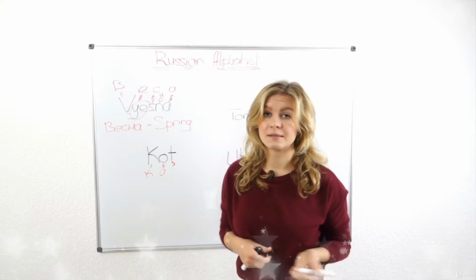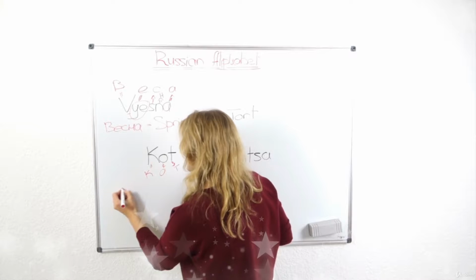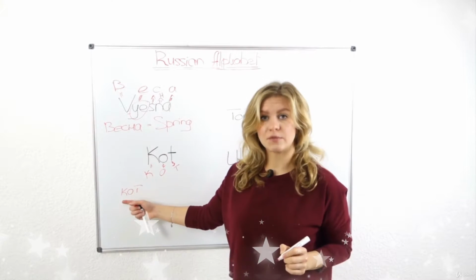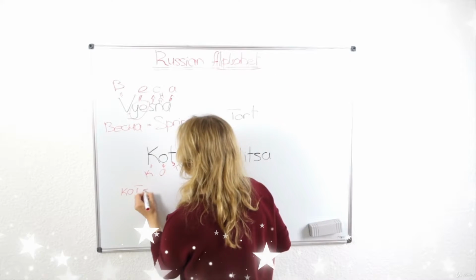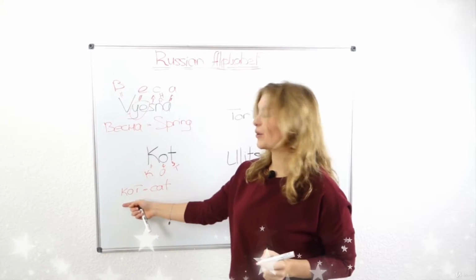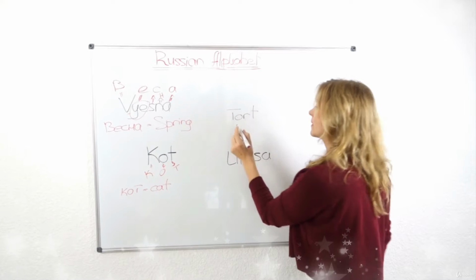So it's T. Then all together we have the word which is written in Russian Kot, which means in English, by the way, cat. Kot.